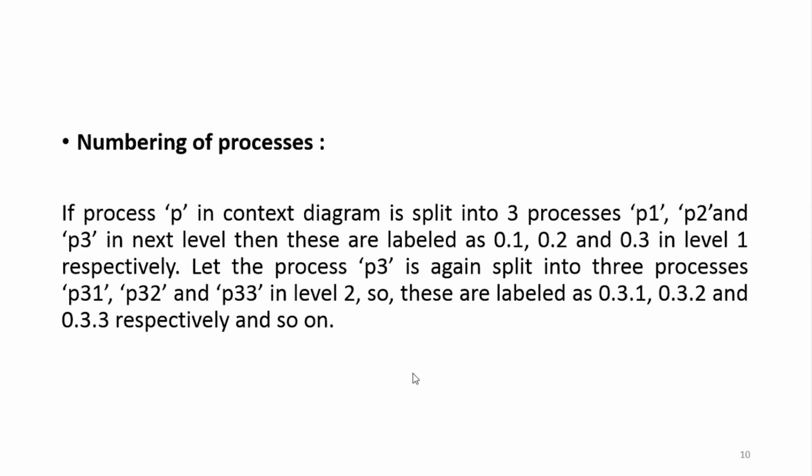So the numbering goes like 0 at level 0, then 0.1, 0.2 and so on, that is x.1, x.2 at level 1, and after that, whatever process we decompose, we can have x.1 and so on. Okay, are you getting this?